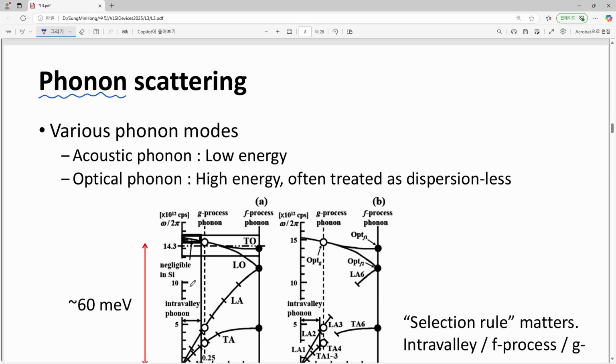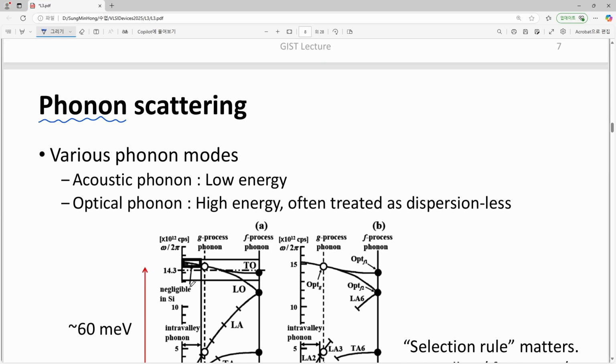Phonon means the vibration of the silicon lattice, and when electrons and phonons interact, they can exchange energy, and also they can exchange their crystal momentum.